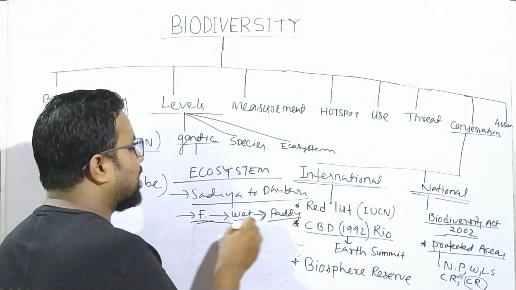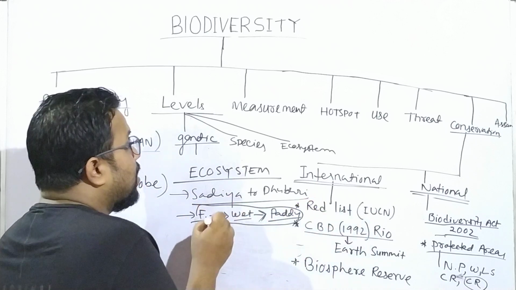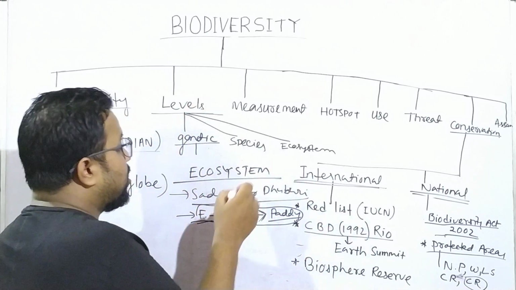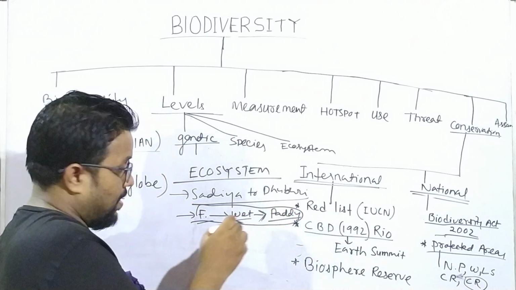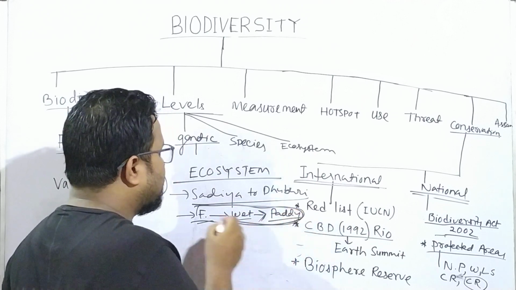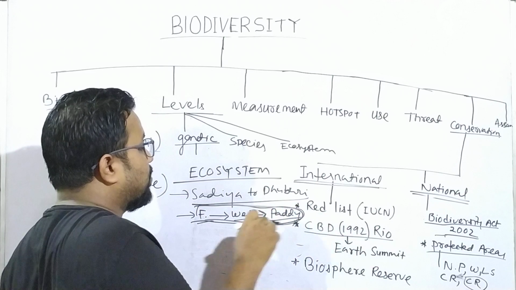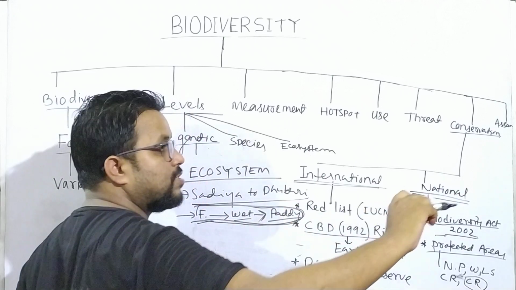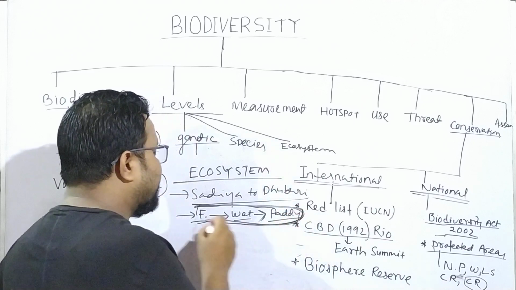So every 10 or 12 kilometers I am getting a different ecosystem. Here the biodiversity is occurring because of different ecosystems. In the state of Assam, for every 5 or 10 kilometers we get a different ecosystem.